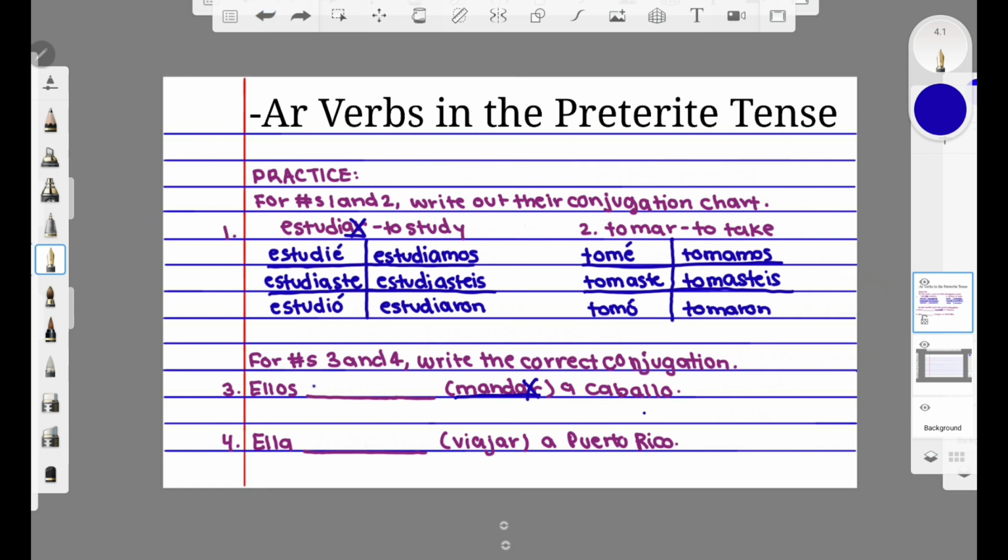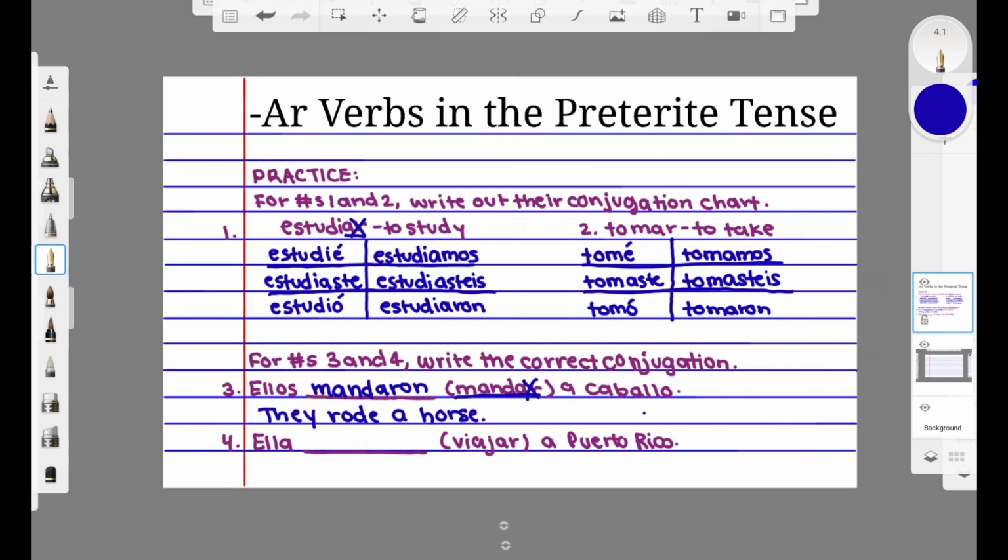So we'll say mandaron. Aron. So it'd be mandaron. And this means they rode a horse. Mandar is to ride. Caballo is horse.